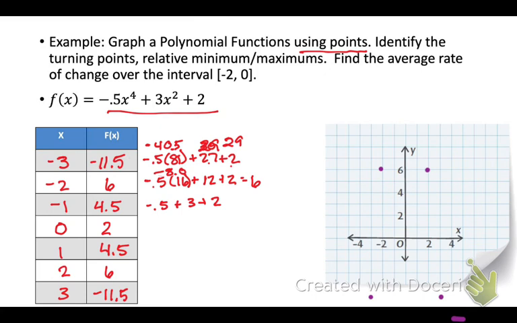The only reason I get both the same answers is that I'm taking things to an even power, correct? If I have an odd power, I'd have some negatives in there, wouldn't I? And then -1 was 4.5, and 0 was 2. Correct? So now I have to graph this thing.